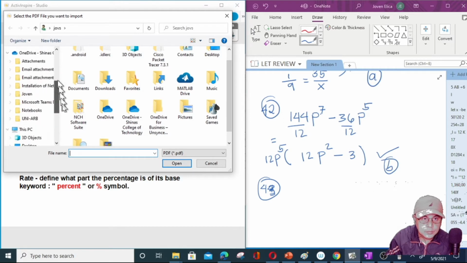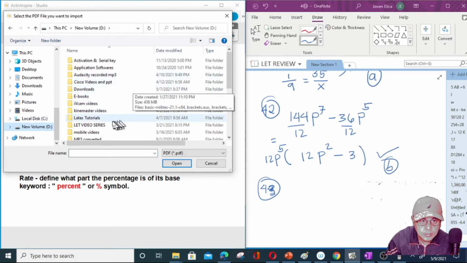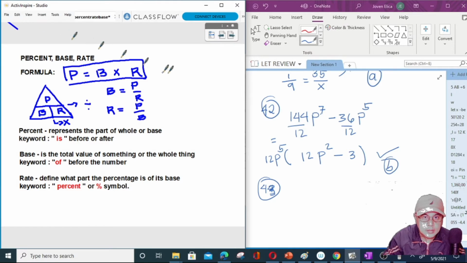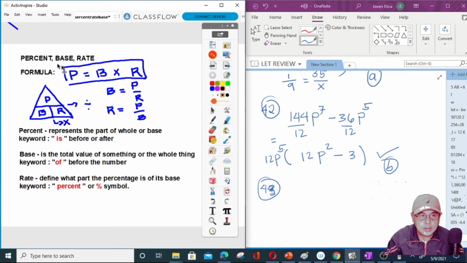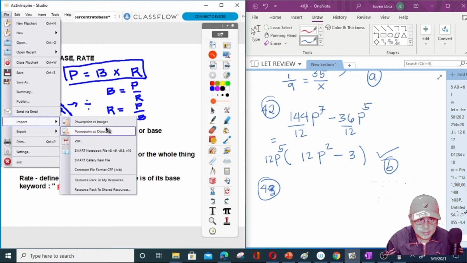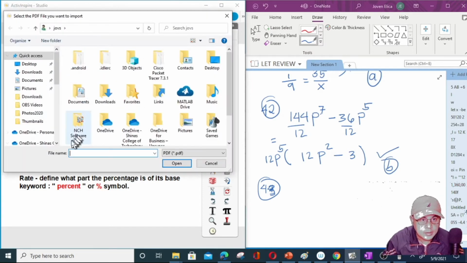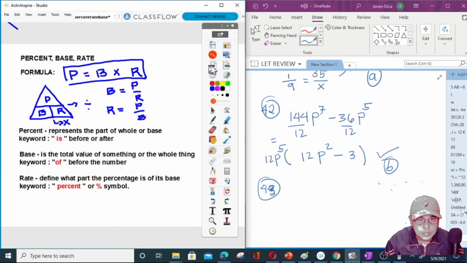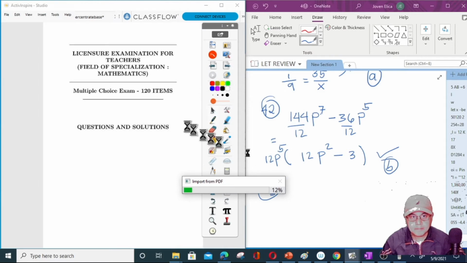Let's import the PDF again. So, math review.